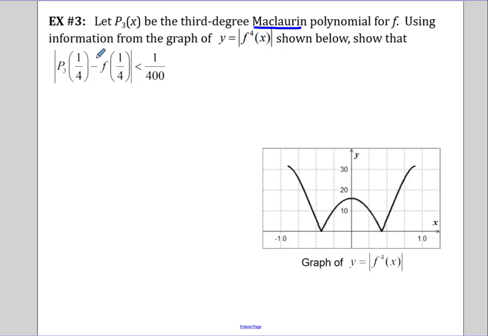And we want to show that the remainder is less than 1 over 400. See, this is the remainder. So there's no interval that's given, and there's no maximum that's given. So we're going to do what the 3rd vocabulary sentence told us.